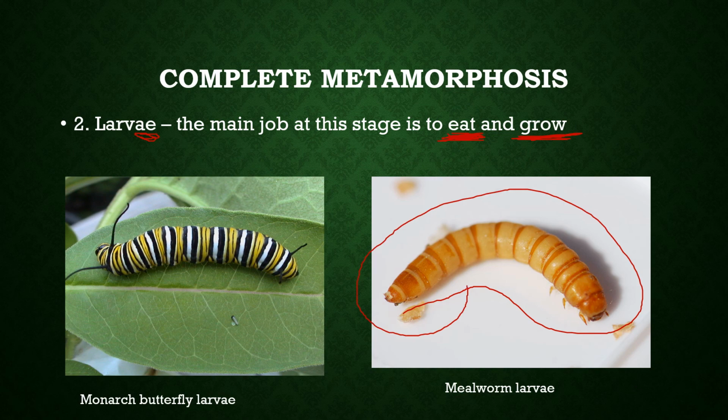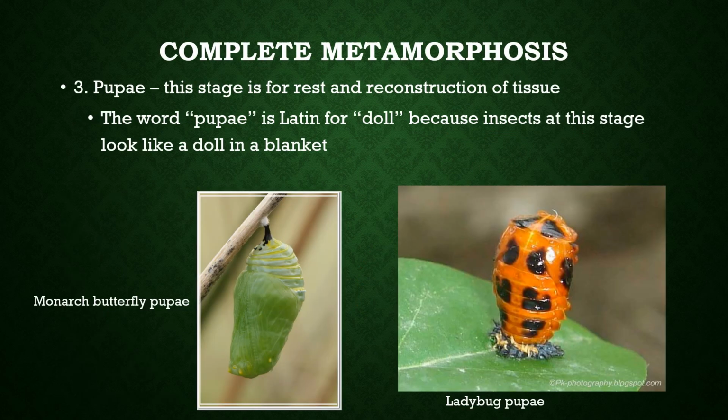Another type of insect that will eat and eat until it reaches the third stage, which is pupa, okay? Again, this is not pronounced pupae, but I did give you the Latin spelling there. It's pronounced pupa, okay? This stage is not for eating and growing, but once they get to the stage where they're big enough, mature enough, have enough nutrients, this is for rest and reconstruction of tissue, actually.